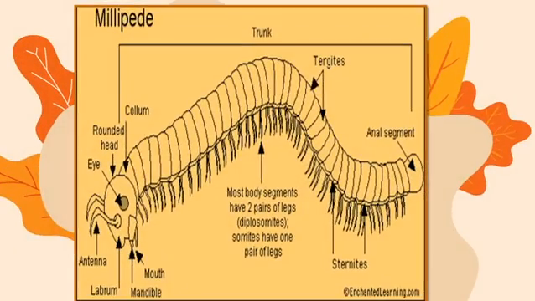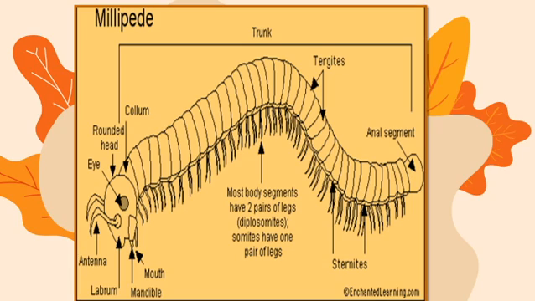Now see the structure of the millipede. There is the head and the anal segment. The head is rounded, with a pair of antennae, mouth and mandible, labrum and eye.